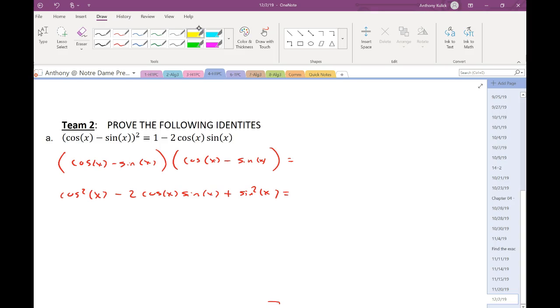Everybody happy? Notice I didn't show the foiling out, I just showed the result from the FOIL. If you have to FOIL it out by hand, that's fine. I chose not to do that. I would not require you to do that either, but if you did do it, it's fine. What do we see here? I say sine squared plus cosine squared.